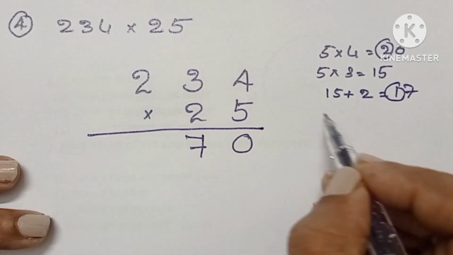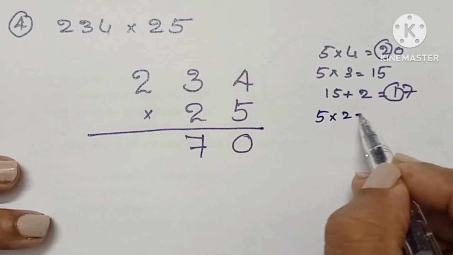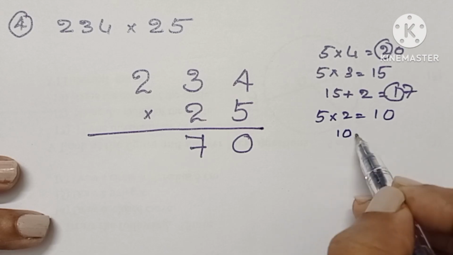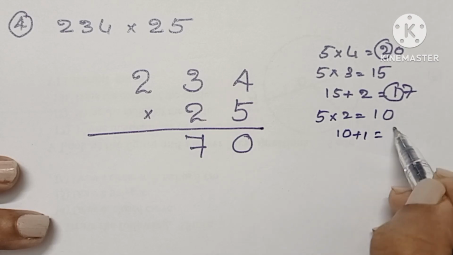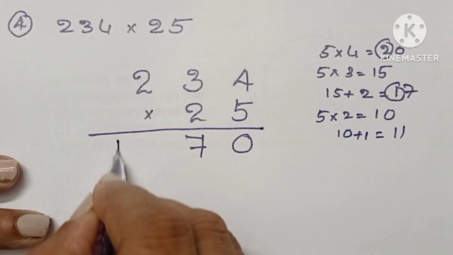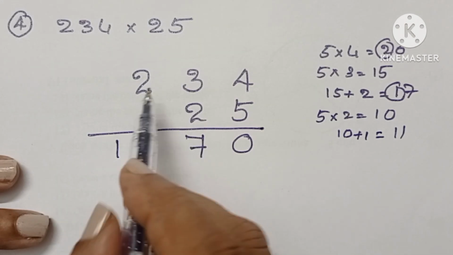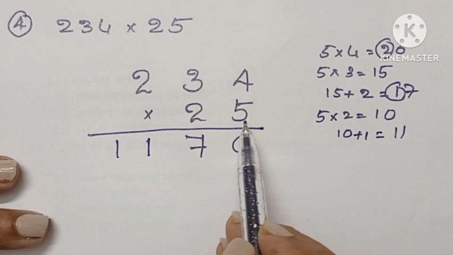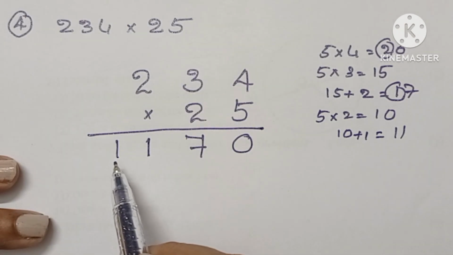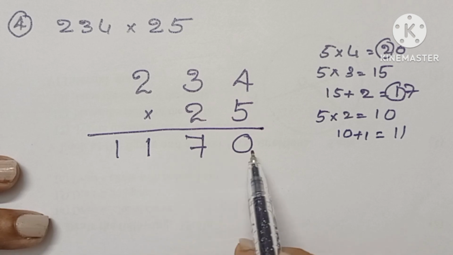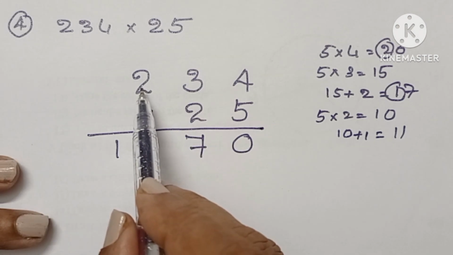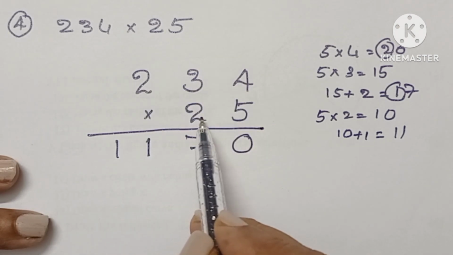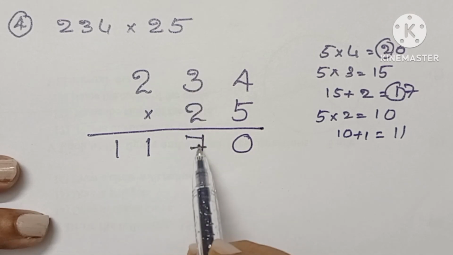5 into 2, 10. Adding the carryover 1, 11. That means 234 into 5 is equal to 1170. Now we are multiplying 234 into 2. 2 is in the tens place.